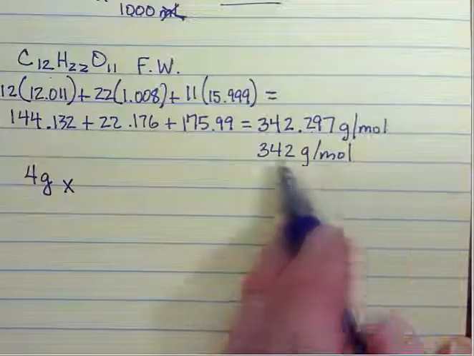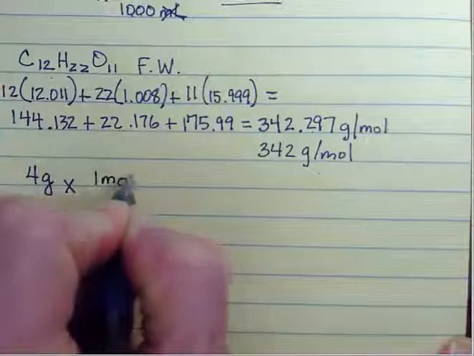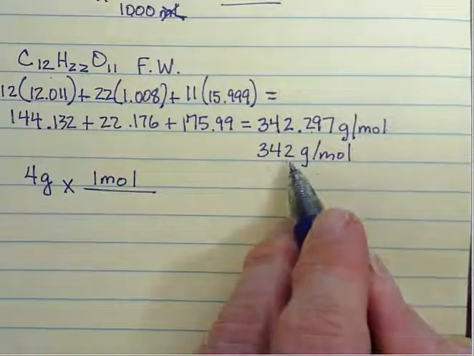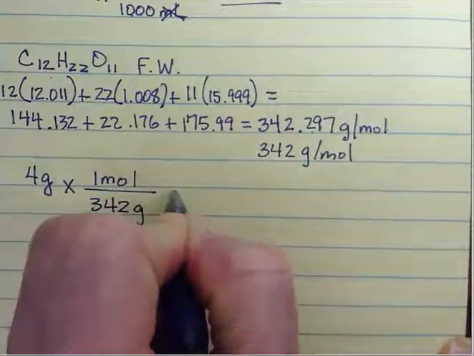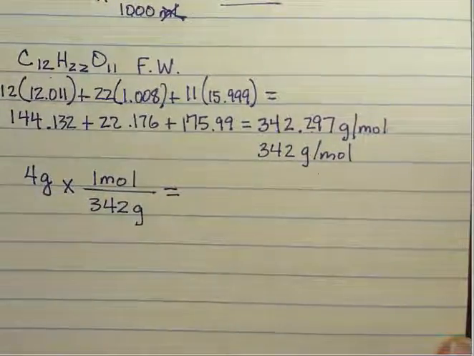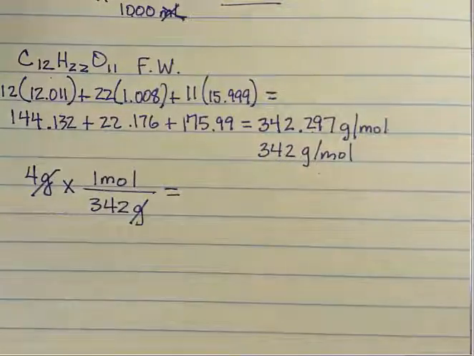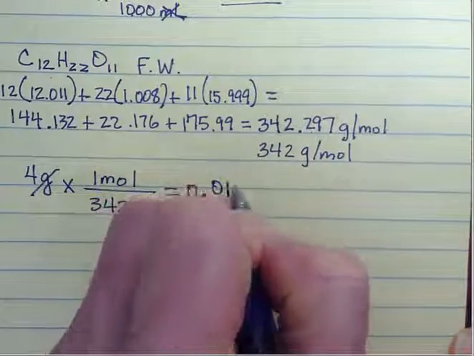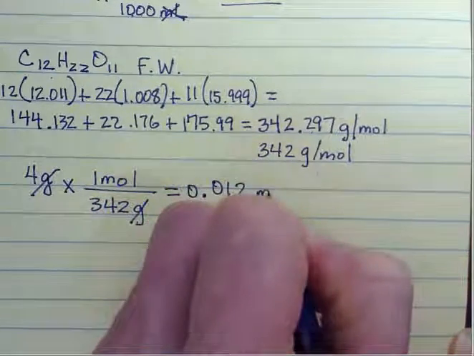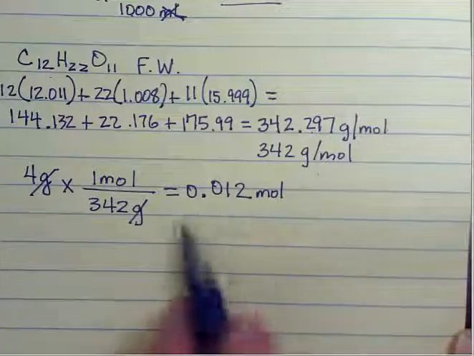So we have to have moles on top, grams on bottom. So we know that 1 mole contains 342 grams. And this will enable us to cancel out our grams and leave us with our moles of sugar. So this is 0.012 moles of sugar. So now we have our moles of our solute.